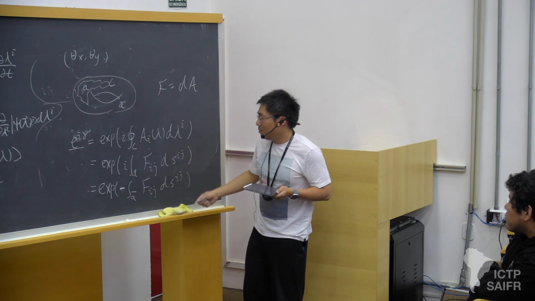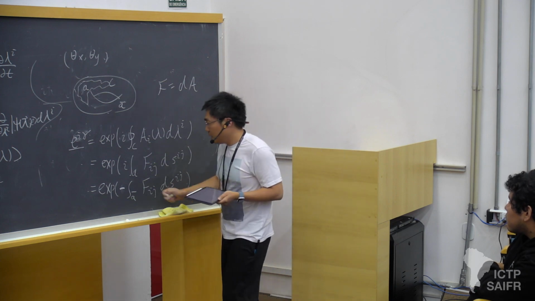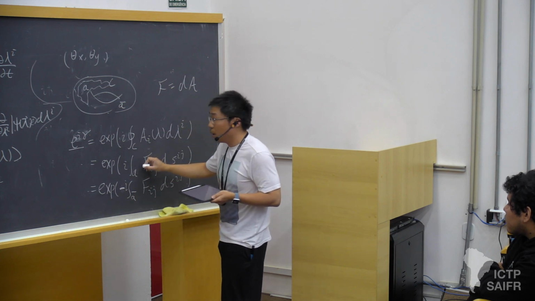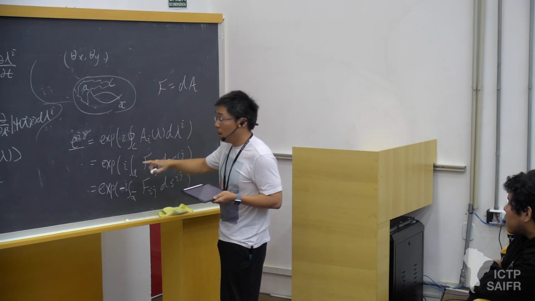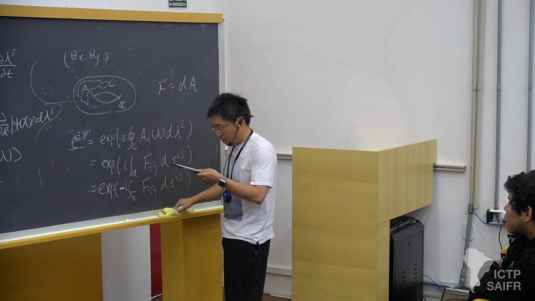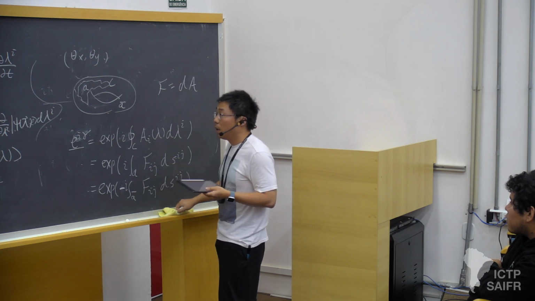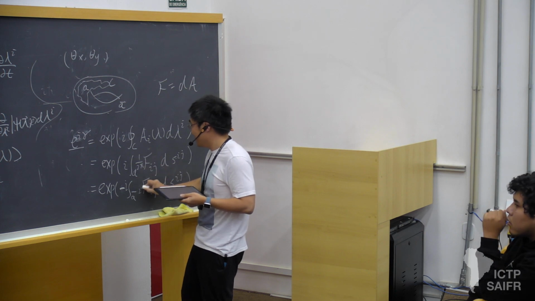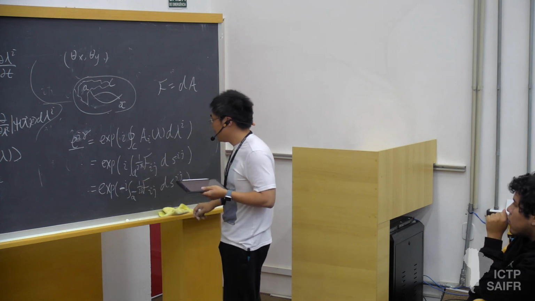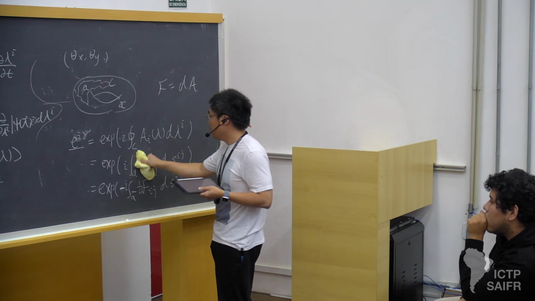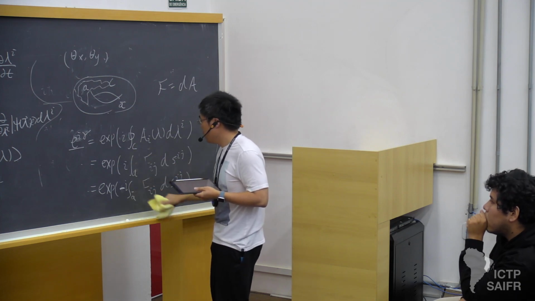And now we just prove that... I think there should be a 2 pi somewhere. Let me see. Yeah. I think there should be 2 pi somewhere. So yeah, just like this.